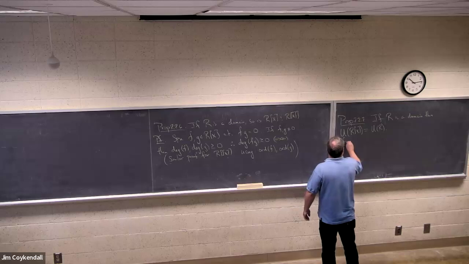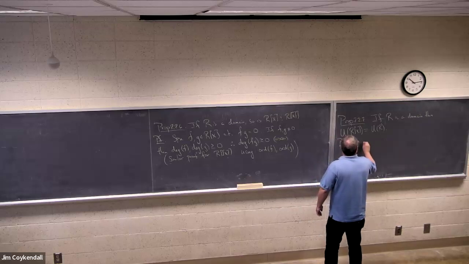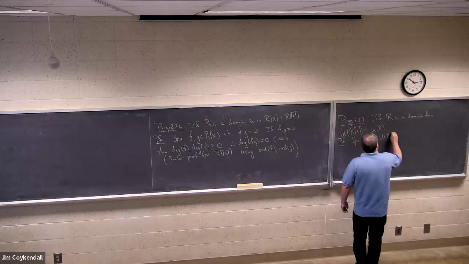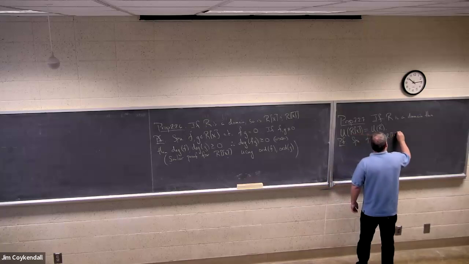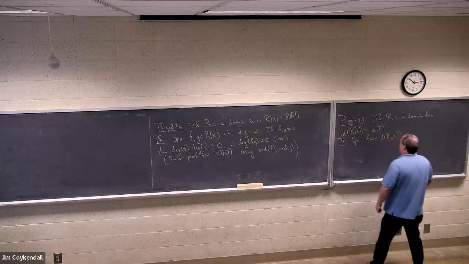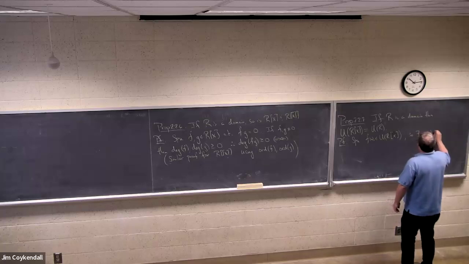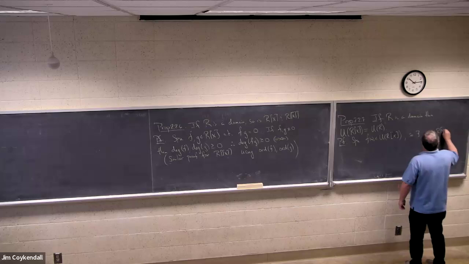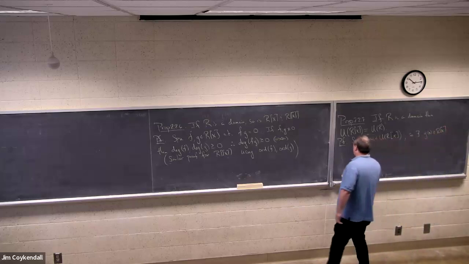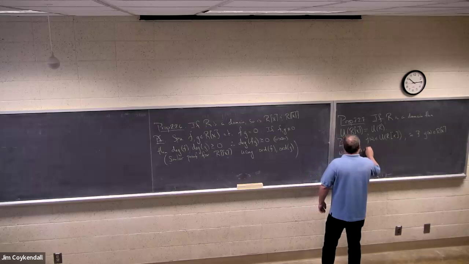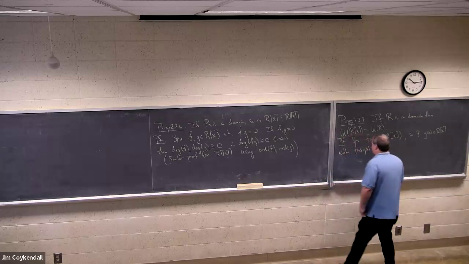Proof. Suppose f(x) is a unit in the polynomial ring R[x]. So there exists g(x) in R[x] with f(x)g(x) equal to 1.